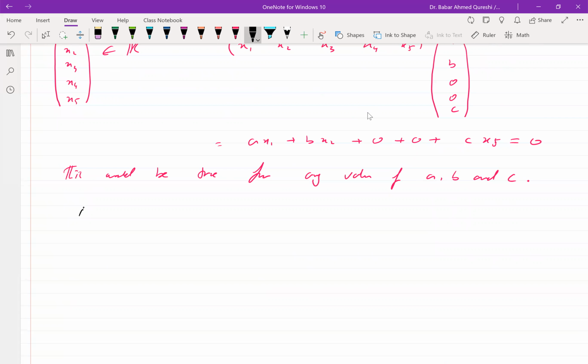If x1, x2, and x5 are 0, that is, the orthogonal complement has vectors of this kind.